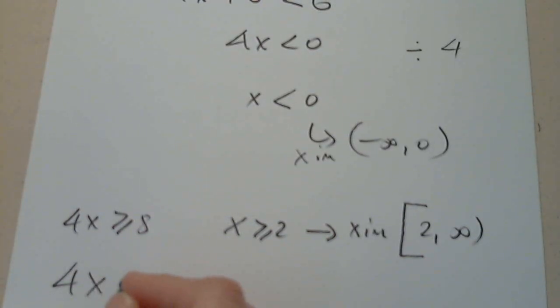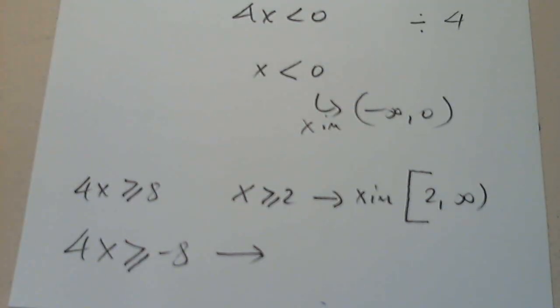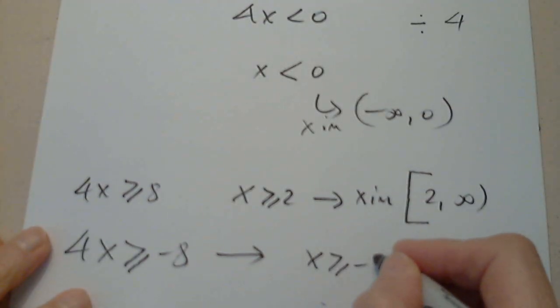What about 4x greater than or equal to negative 8? What do we need to do here to solve for x? Same thing, divide by 4. Good. So then x greater than or equal to negative 2.